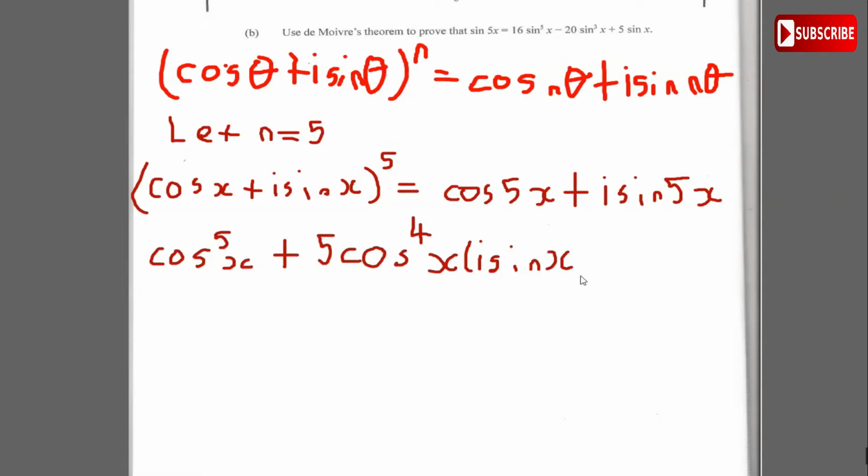Plus i sine x, then it's going to be 10. So we go 1, 5, 10, 10. Then you go down again in power of cos.